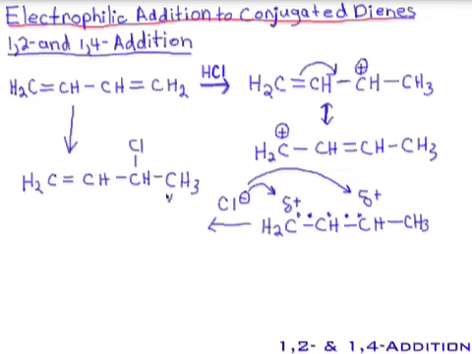Where the H added here, the Cl added here, and hence the term 1,2 addition. Likewise, the nucleophile could attack at the end. If it does, I'll get this product.